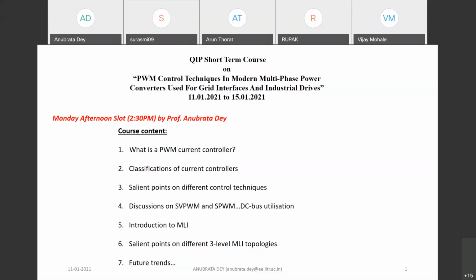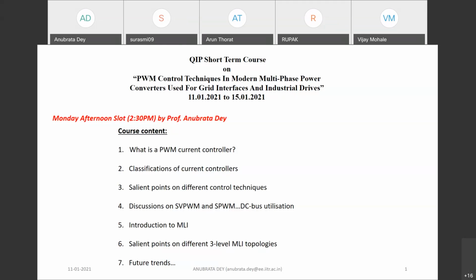As a third point, the salient points of different current control techniques. I'll be discussing some of the internal details of the current controllers, and some merits and demerits of each of these techniques. Then the discussion on space vector PWM and sinusoidal pulse width modulation techniques.